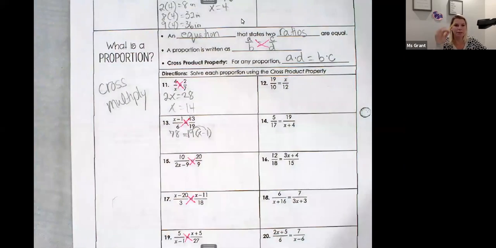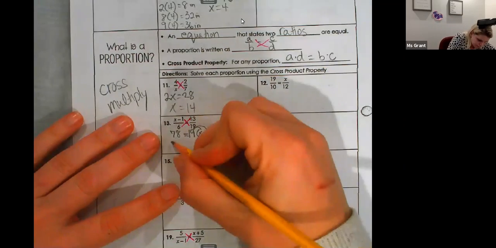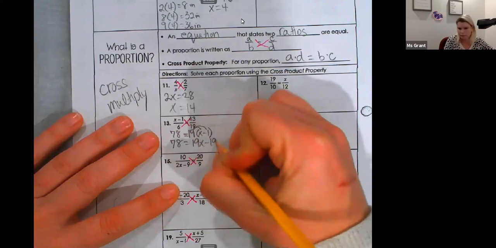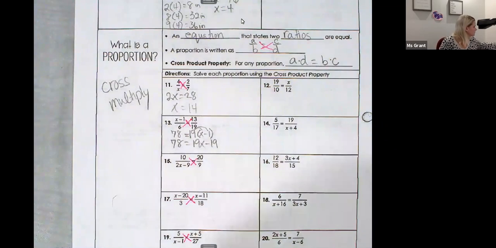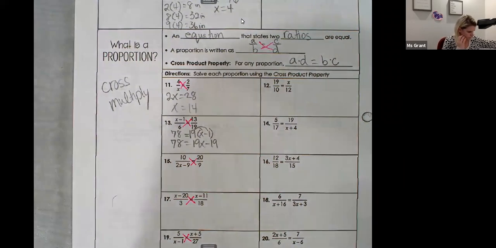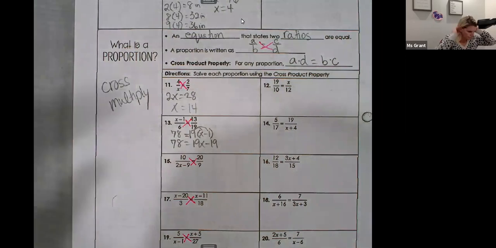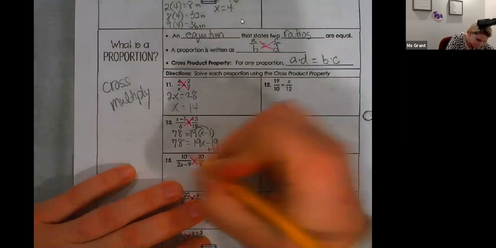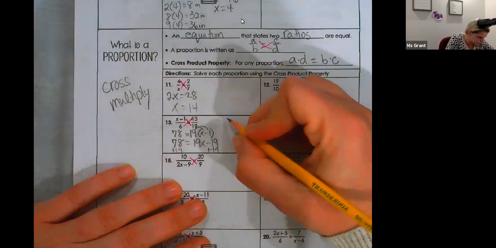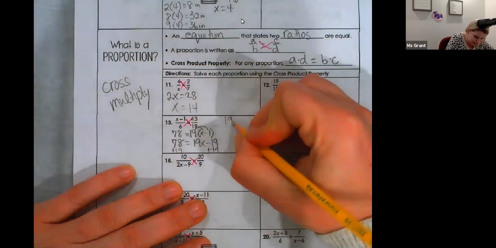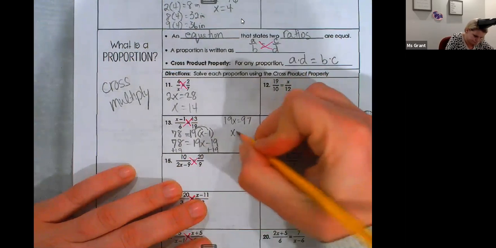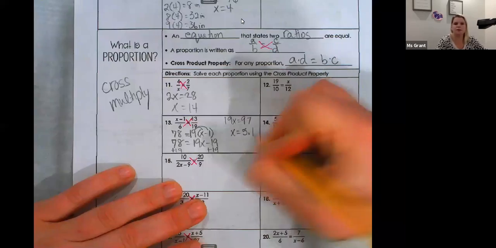The 19 needs to get multiplied by both items. 78 equals 19x minus 19. Add 19 to both sides. 19x equals 97. X equals 5.1.